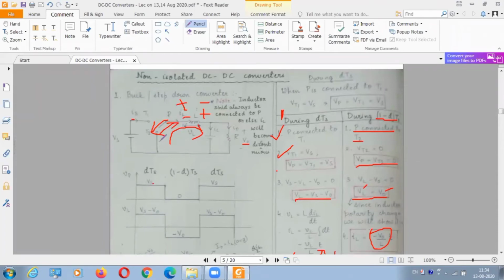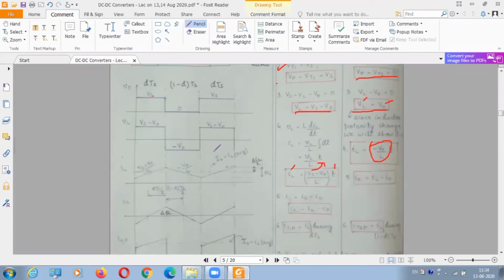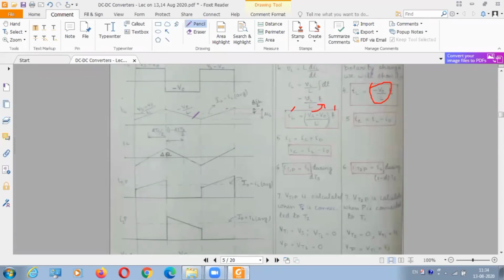Is current flowing from T2 to P? Yes, because the inductor is forcing current in this direction only, T2 to P. So T2 to P will be positive current, and that is equal to your IL. So I have drawn IL during this portion with a negative slope.